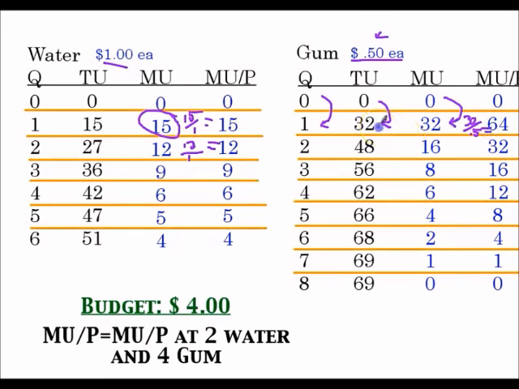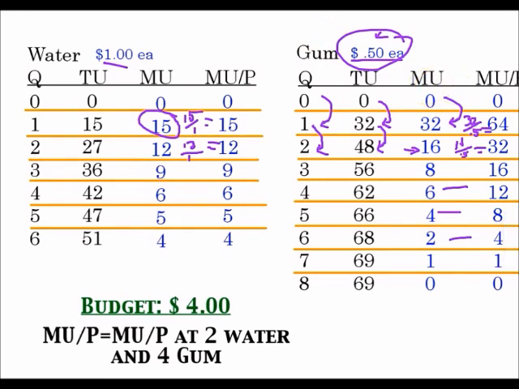So as I go from 32 total utils to 48 total utils as I consume my second unit, that's another 16 marginal utility. That's 16 over 0.5, which is marginal utility over price of 32. Boom. That's how you calculate it. 8 over 0.5, 6 over 0.5, 4 over 0.5, 2 over 0.5. Remember, 0.5 is the price tag of gum that's been given to you.